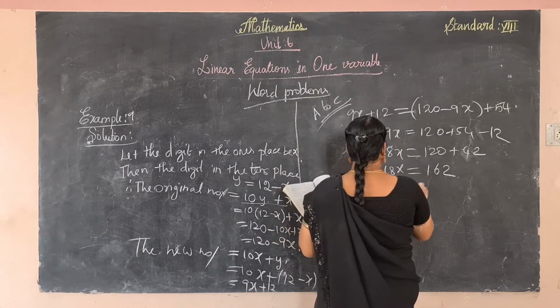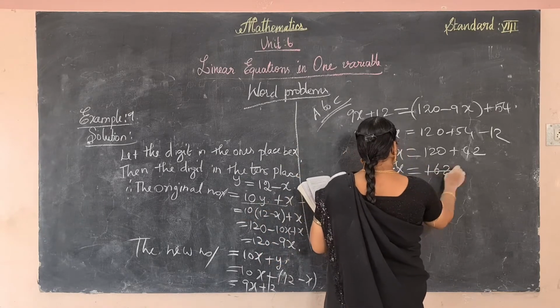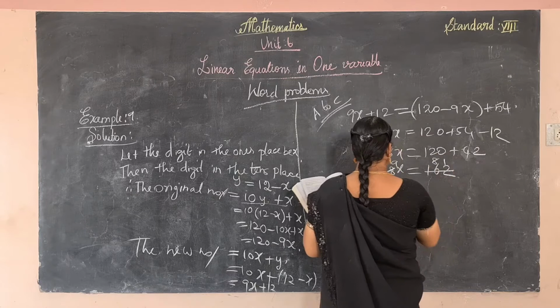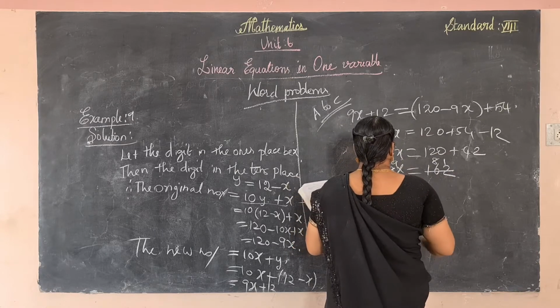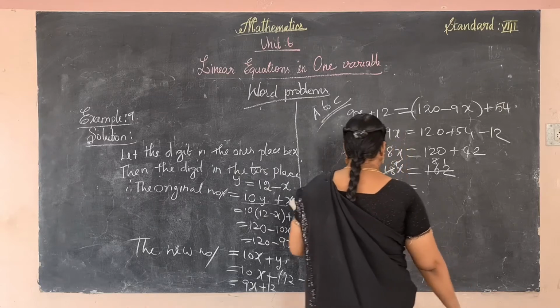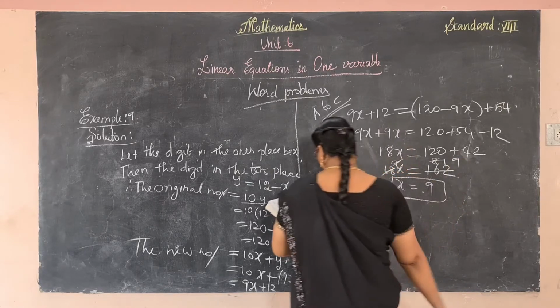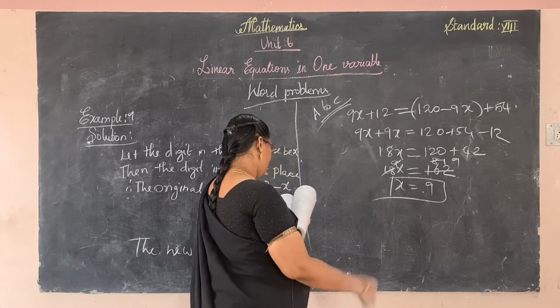So x is equal to 162 by 18. 9 nines are 81. So x is equal to 9.